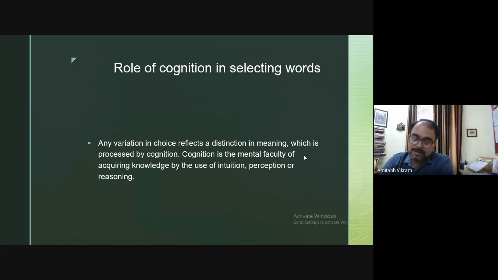Sometimes this selection is also metaphorical. If I say, why are you lost? That means I am talking about a mental state that you are not paying attention and you look lost. But I can also say, why are you looking like an envelope without an address?